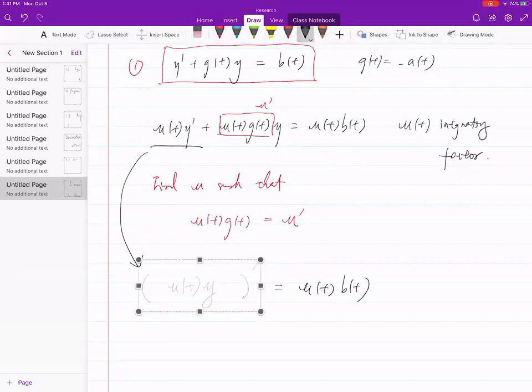All right. So how do you find mu? Technically, what you should do is you should go ahead and solve this. Why? Because this is a homogeneous linear equation. Moreover, this is actually separable. It's always separable.